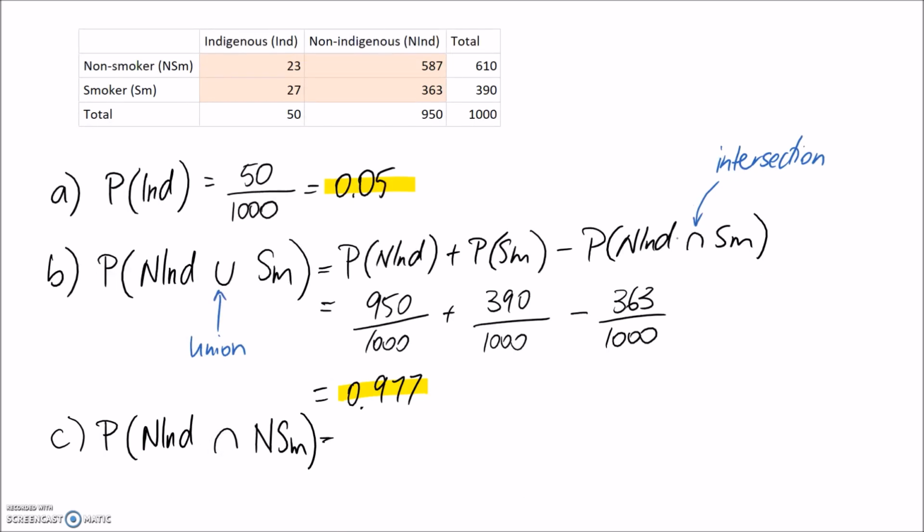Cool, so this is the same symbol as this one over here. It means they're intersecting the row and the column. So we're looking for not indigenous, which is this column, and not smoking, which is this row. So the intersection there is 587 divided by the total number of people, which is 1,000, and that comes out to 0.587 as the answer.